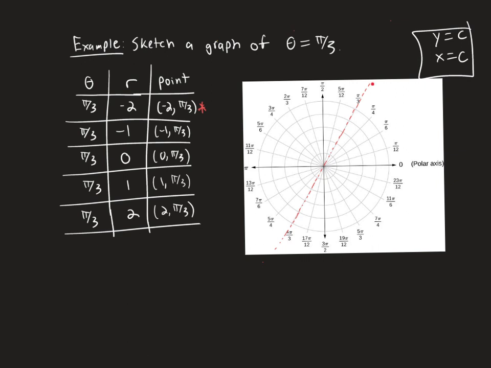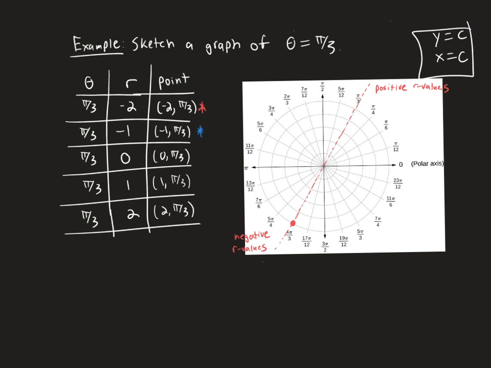This dashed line corresponds to all of the points that have that corresponding angle. So then the negative 2, pi over 3 is, right, this direction up here. This is positive r values, and down here, these are negative r values. So negative 2, pi over 3 is going to be right there.